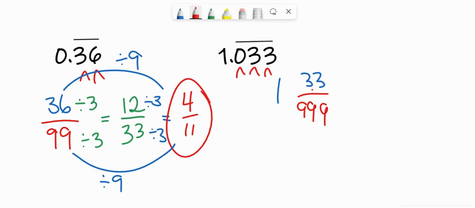Now I can reduce that, right? The top is divisible by 3, and the bottom is divisible by 3. And you get 33 divided by 3 is 11, and 999 divided by 3 is 333.